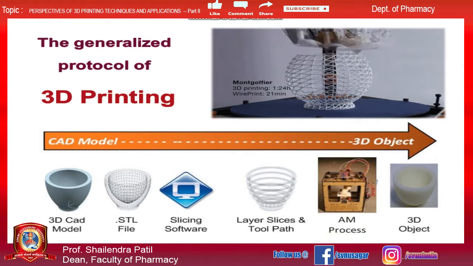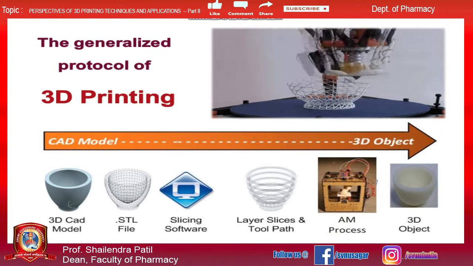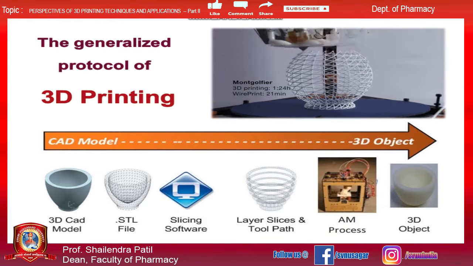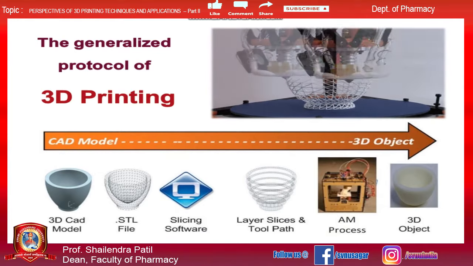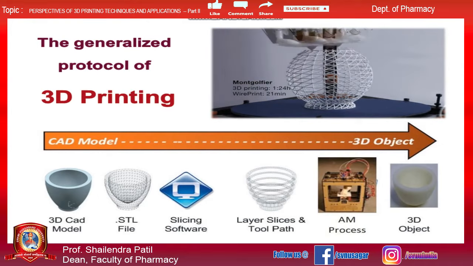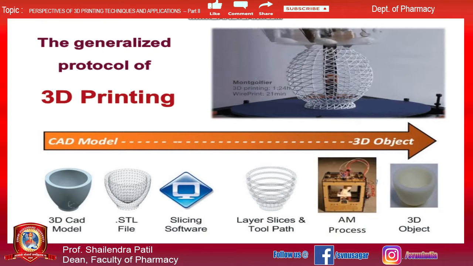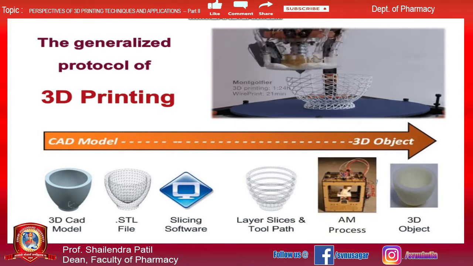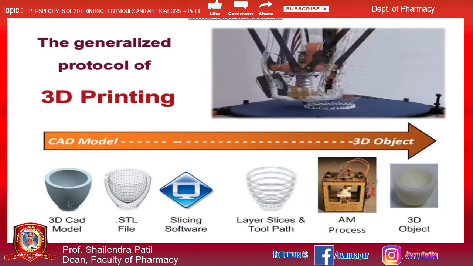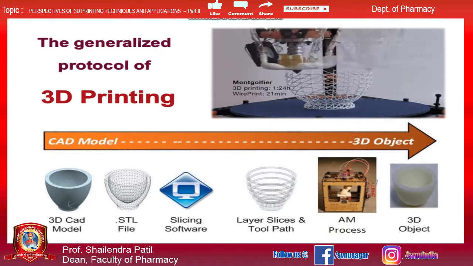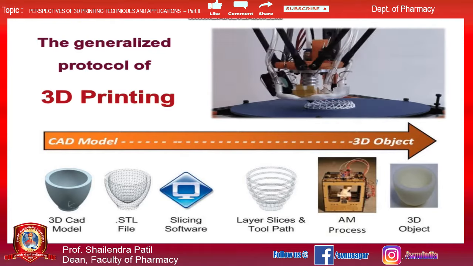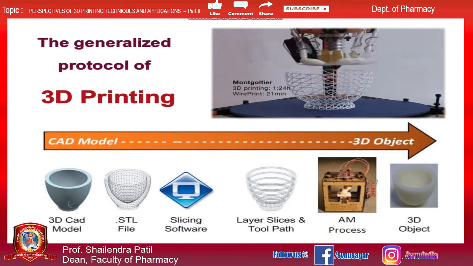Here you can see that the 3D CAD model is developed. After that, an .stl file will be created and then slicing will be done using software. Then the next step involves the layer slices and the tool path which will guide further, and the next is that the manufacturing of the object will take place and you will ultimately get this 3D object.